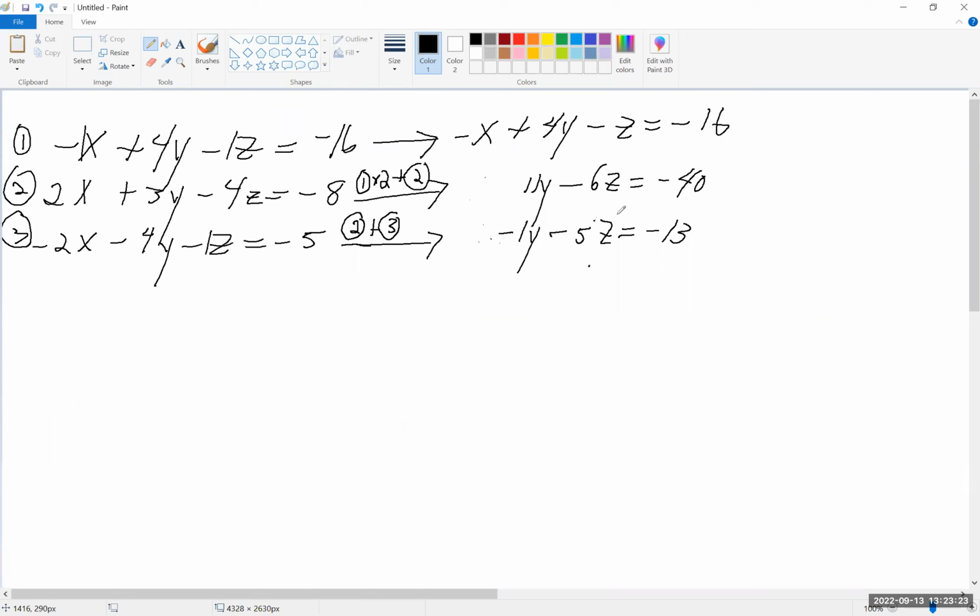So that's a minus 1, and that's a minus 5, and that is a minus 13. All right. So now I'm going to keep this as is. I'm going to keep the second one as is as well.